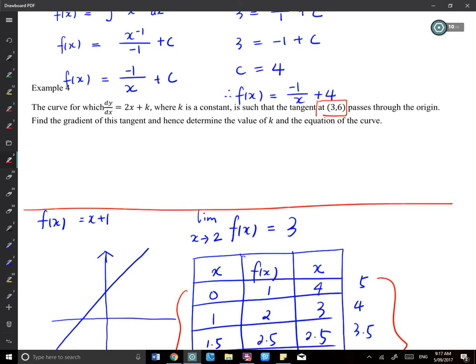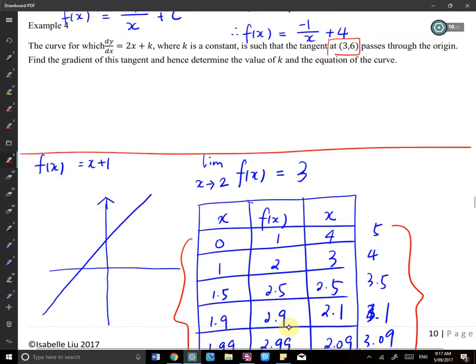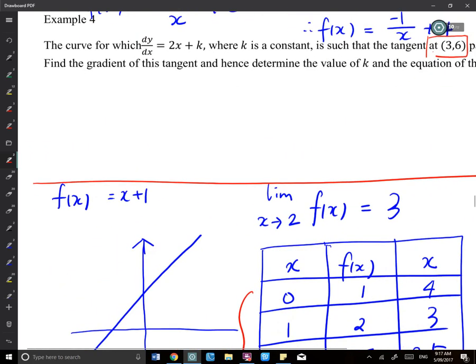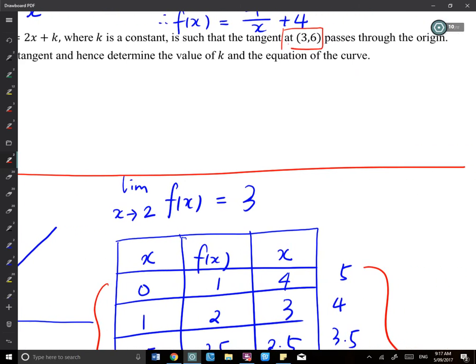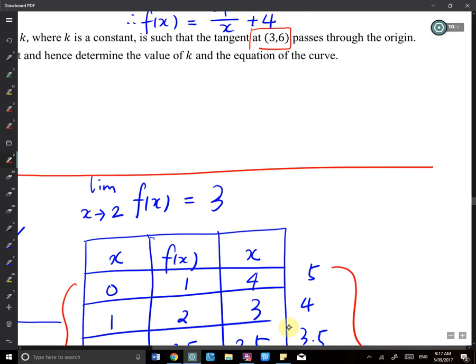Let's just have a think. I have a tangent line at (3, 6). Let's do things one by one. First of all, I have dy/dx equals 2x plus k. So the gradient at (3, 6), let's say the point (3, 6) is here.